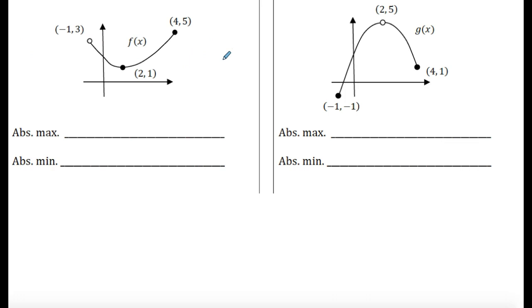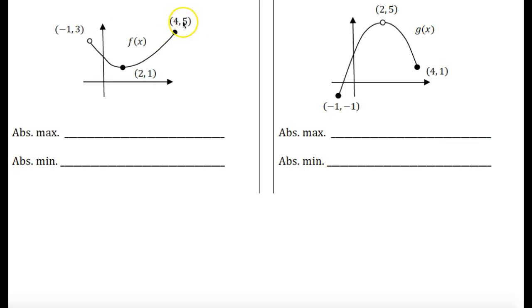So on this one, this is only defined for x greater than -1, not including -1 because we have an open dot there, and then this graph goes all the way to where x is equal to 4. So just on this piece of this graph, the absolute maximum value, what's the highest this graph reaches? Well, the highest it reaches is right here.